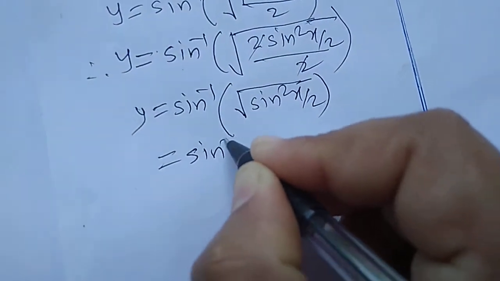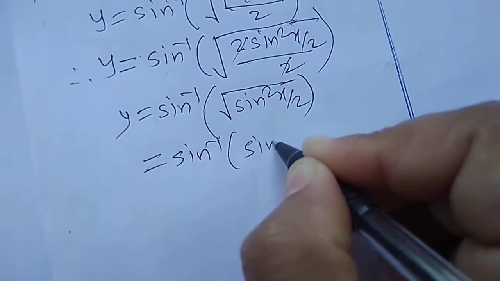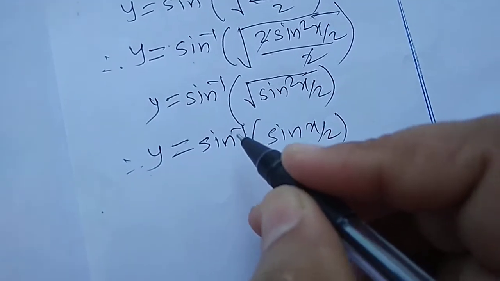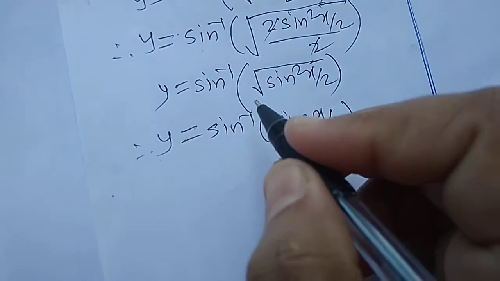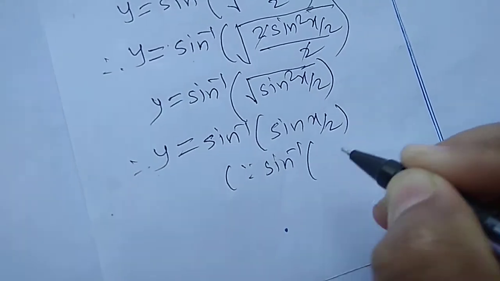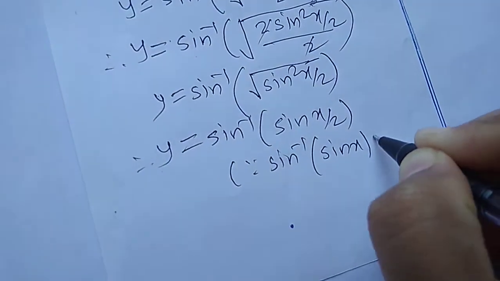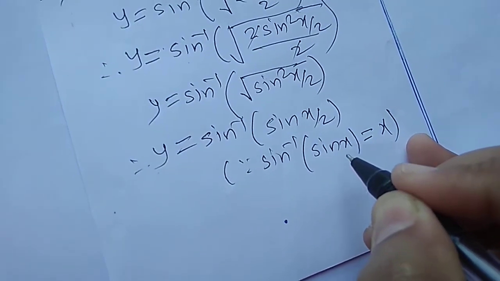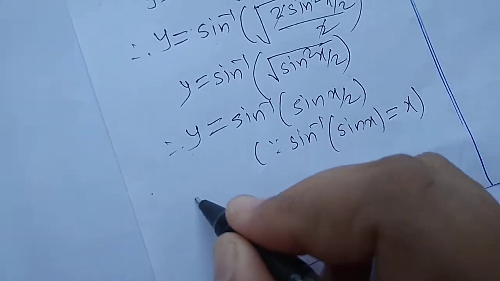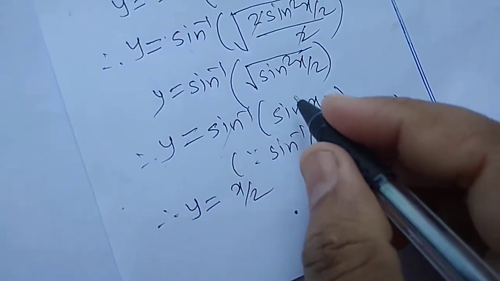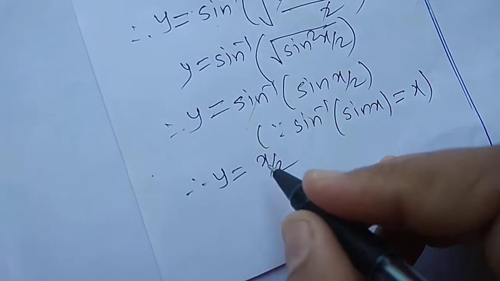Therefore sine inverse of sine x by 2. Again we have to use the inverse trigonometric function and its formula. Sine inverse of sine x is x. Sine inverse and sine get cancelled, and we will get x by 2. Therefore y is equal to x by 2.